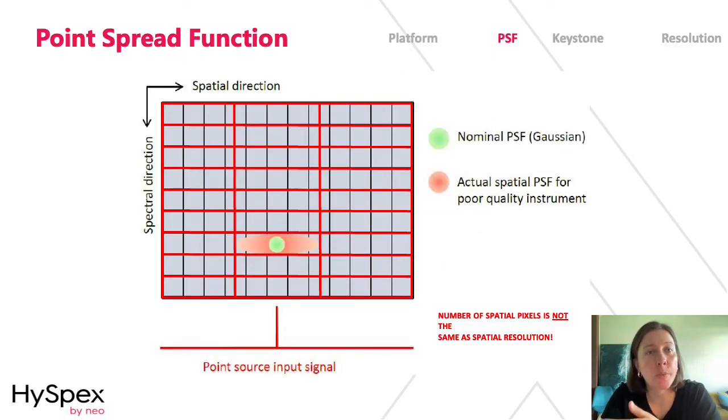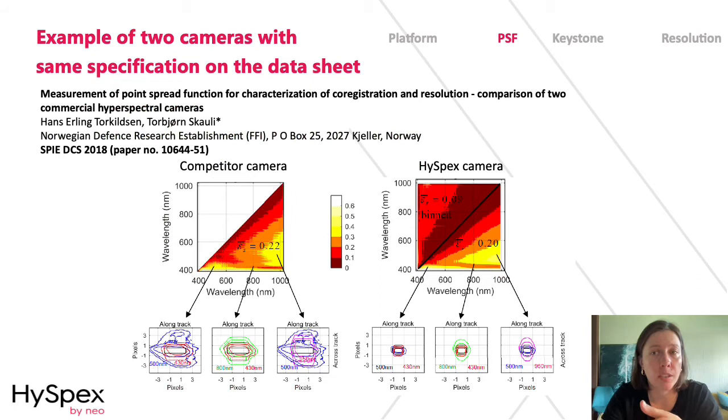For the point spread function, when you use a monochromatic source, for example a laser, you would expect it to hit only one pixel here in the spatial direction. This would happen in a perfect world. But as we can see, the real world actually gives us some problems here. In the real world, that is never the case. We never hit only one pixel in the spatial dimension, and this is also wavelength dependent.